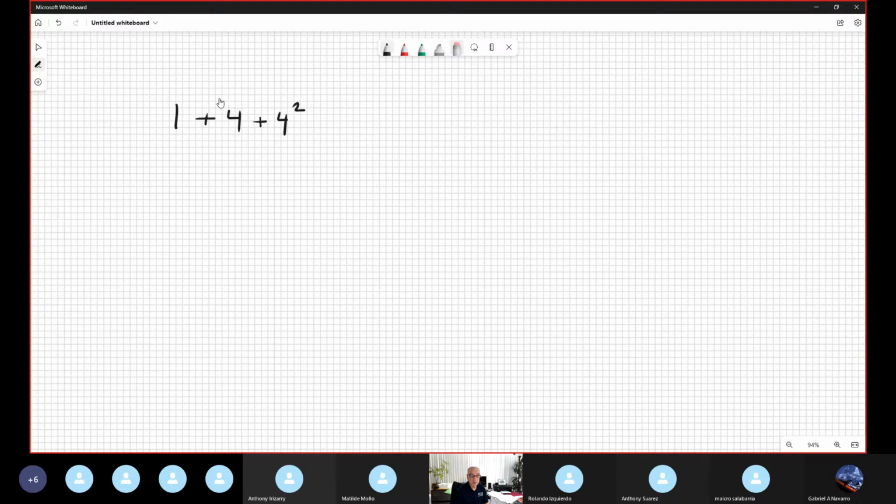Look, suppose that the next one is 4 to the cube, and so 4 to the 4. And this is 4 to the n minus 1, because for n equal 1, 1 minus 1 is 0. So actually it's 4 to the 0, this is 1.